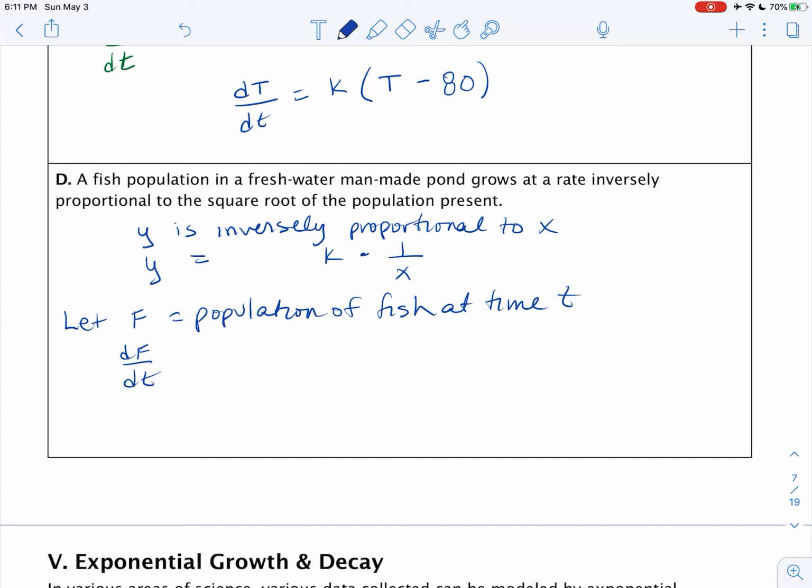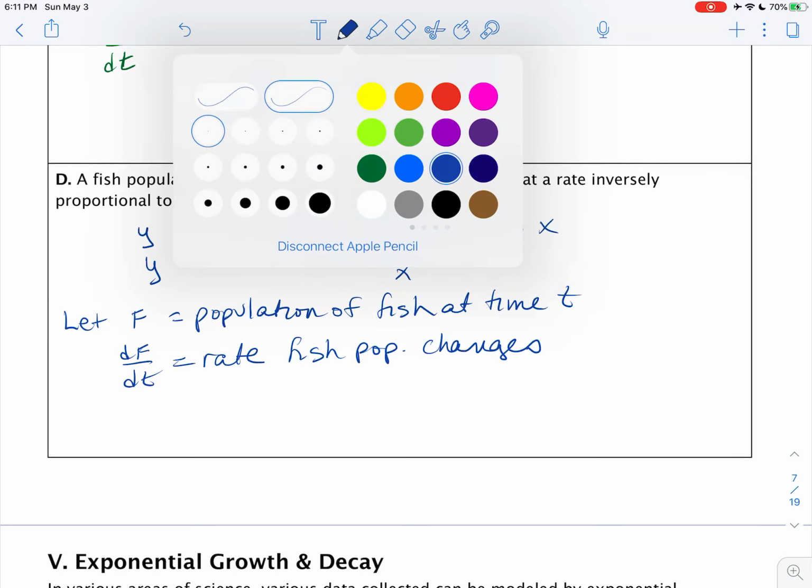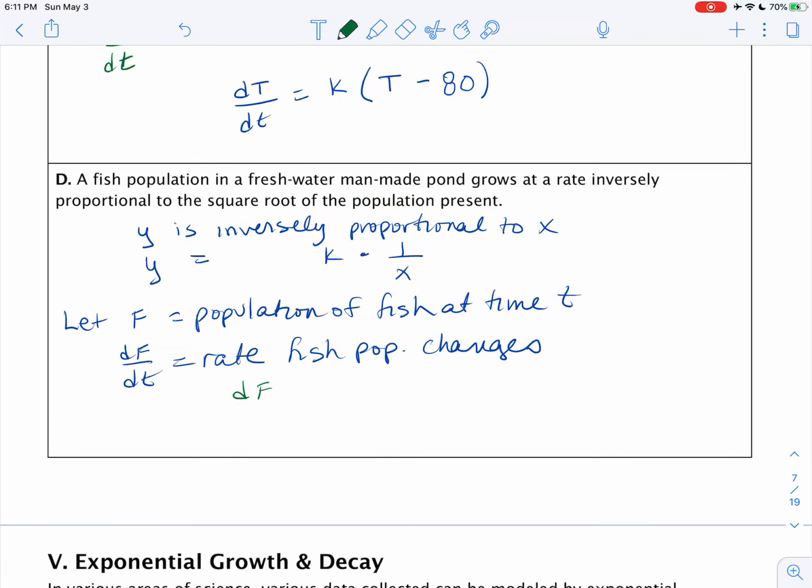So dF/dt is going to be the rate the fish population changes. And the inverse proportion, it says the rate is inversely proportional to, so our dF/dt is going to equal a constant, that's our proportional constant, and we want to take the reciprocal of what?